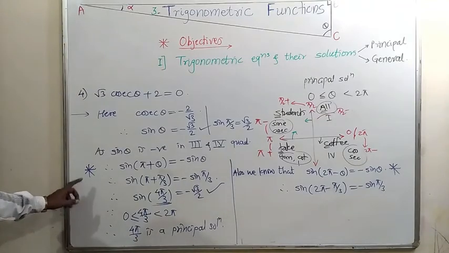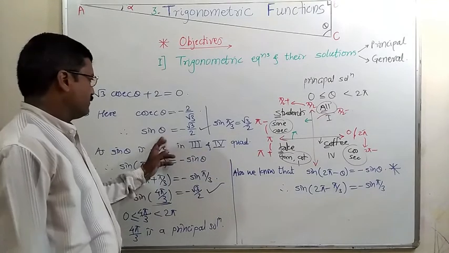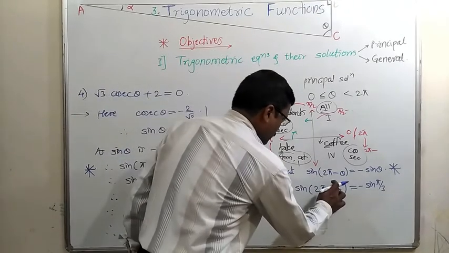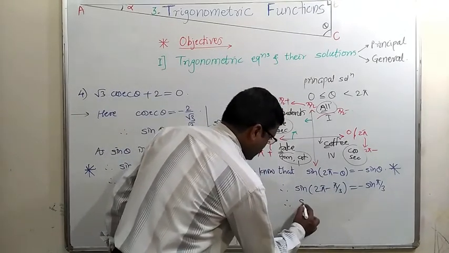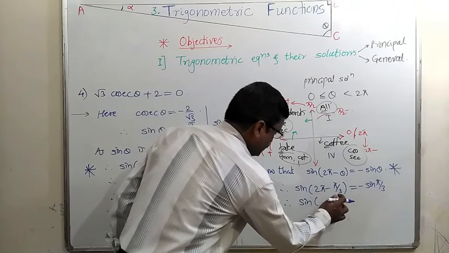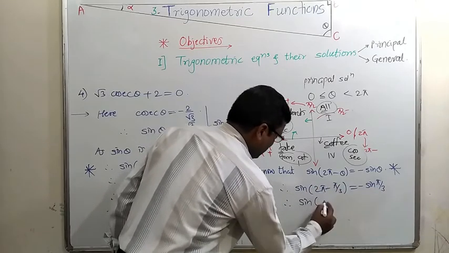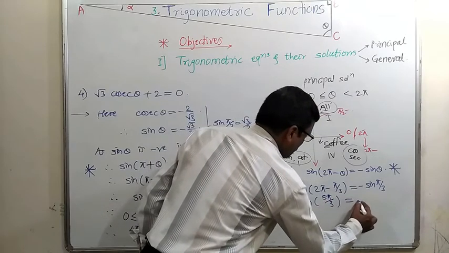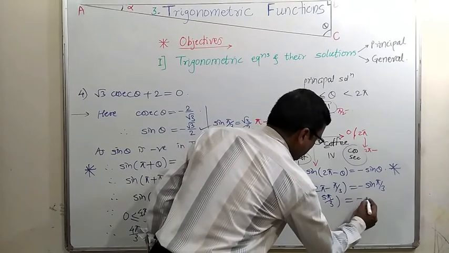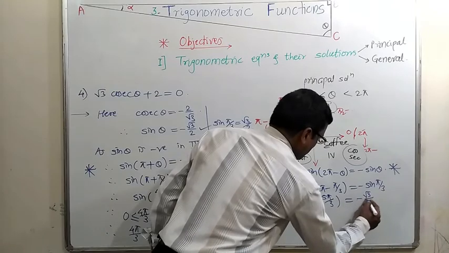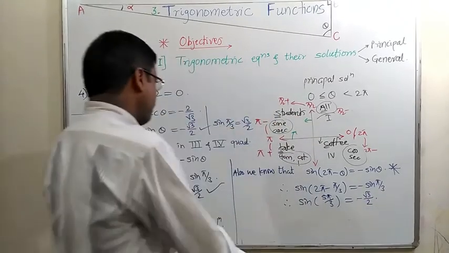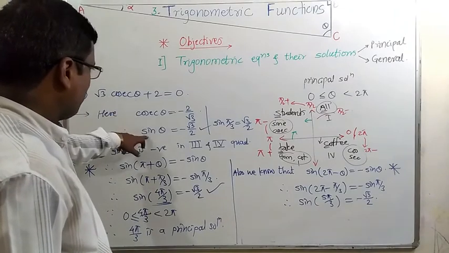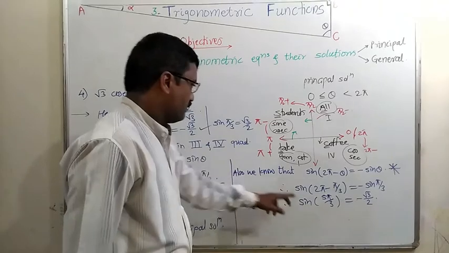To find the principal solutions, we need such formulas for getting positive or negative trigonometric ratios. Therefore sine of 2 pi minus pi by 3, it is 3 into 2, 6 pi minus pi, that is 5 pi by 3, is equal to minus sine pi by 3, means minus root 3 upon 2. So this is our given equation. In terms of cosec, we have converted into sine, and we get a similar equation here.